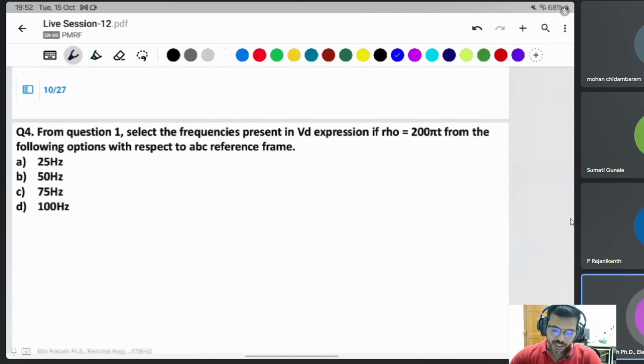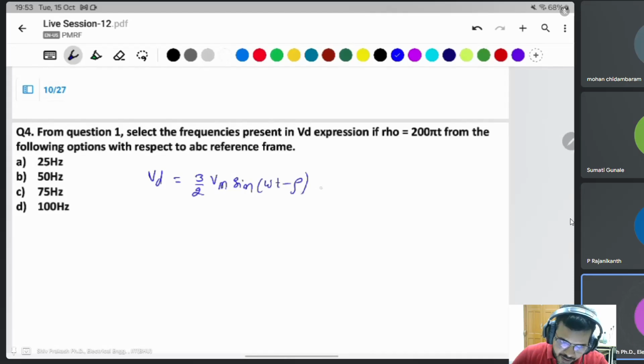The same question is asking to select the frequencies present in the Vd expression if rho is 200 pi t. Same thing: use 3 by 2 Vm sin of (omega t minus rho), so 3 by 2 into 20 sin of (50 pi t minus 200 pi t).